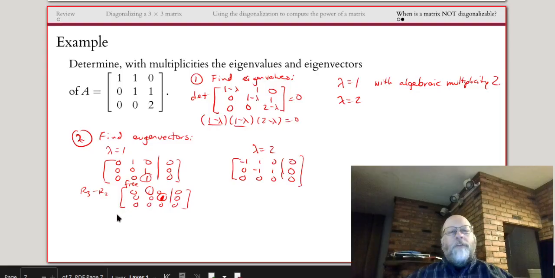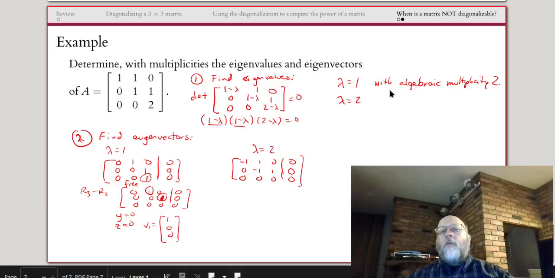The top equation says that y is equal to 0, z is equal to 0, but x is free, and so x could be anything. But since I only have one free variable, I only have one eigenvector. And so lambda equal to 1 has algebraic multiplicity 2, but a geometric multiplicity of 1.